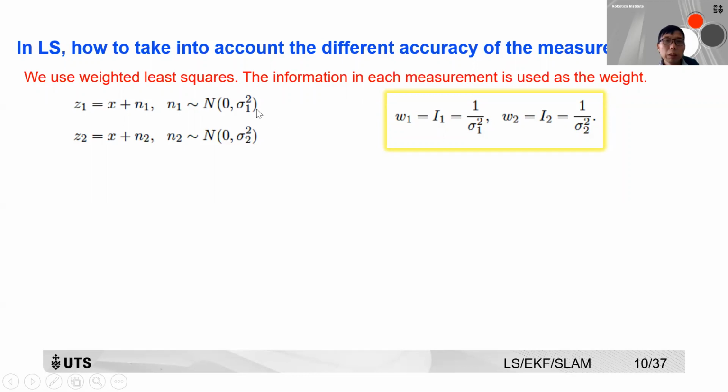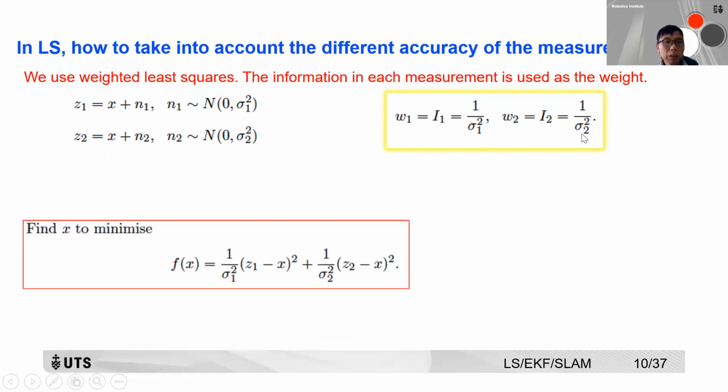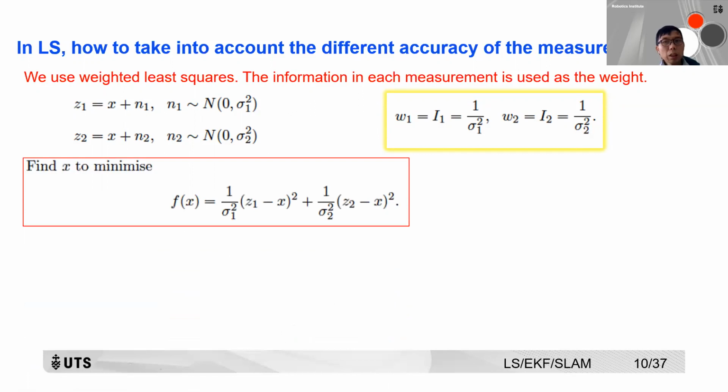The information of the first measurement is 1 over sigma 1 square, and the information of the second one is 1 over sigma 2 square. Then we use that as weight to get the weighted least square: the first weight in front of Z1 minus X squared, and the second weight in front of Z2 minus X squared.